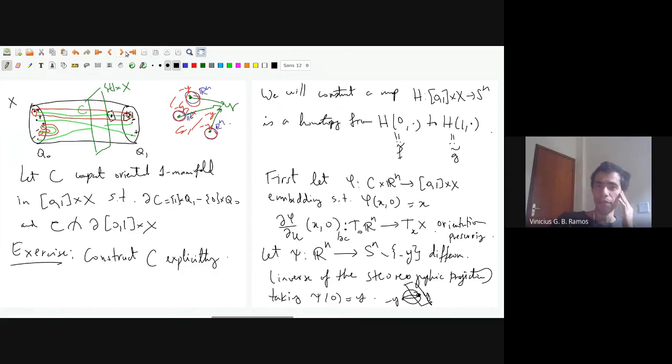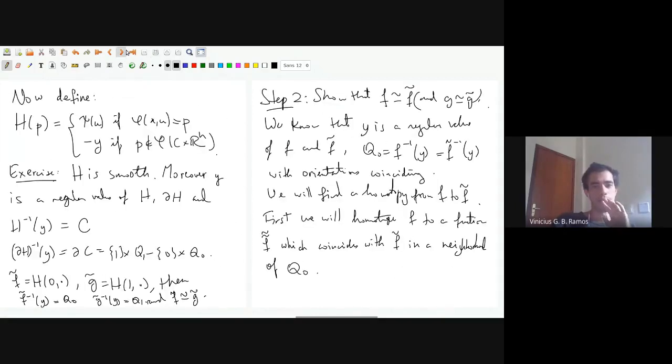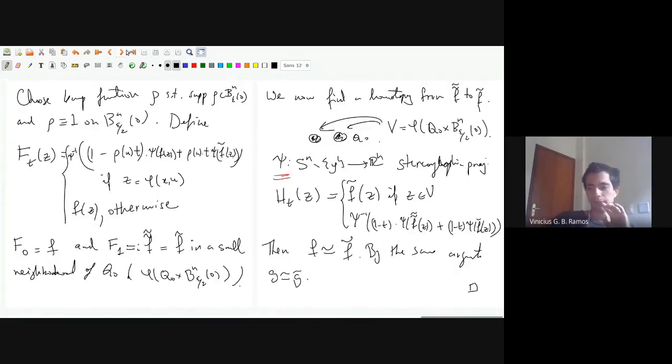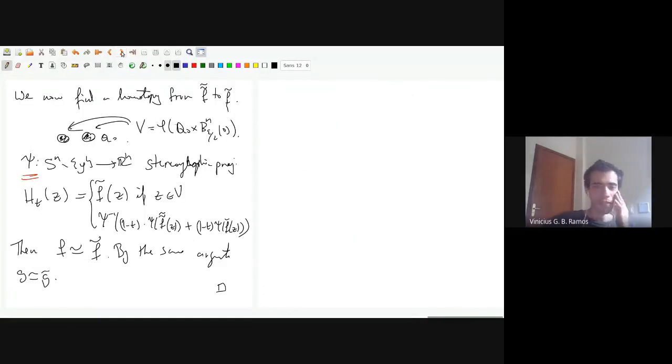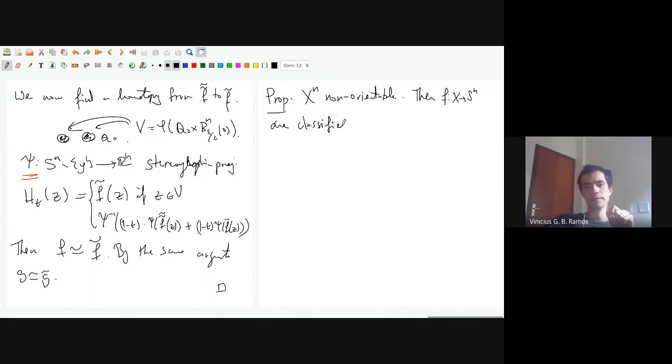So let me just say one thing, which maybe will be an interesting exercise. I think maybe this is a proposition. I won't prove this, but I think what you can prove is: if Xn is non-orientable, then the maps from X to Sn are classified by the degree mod 2 up to homotopy.